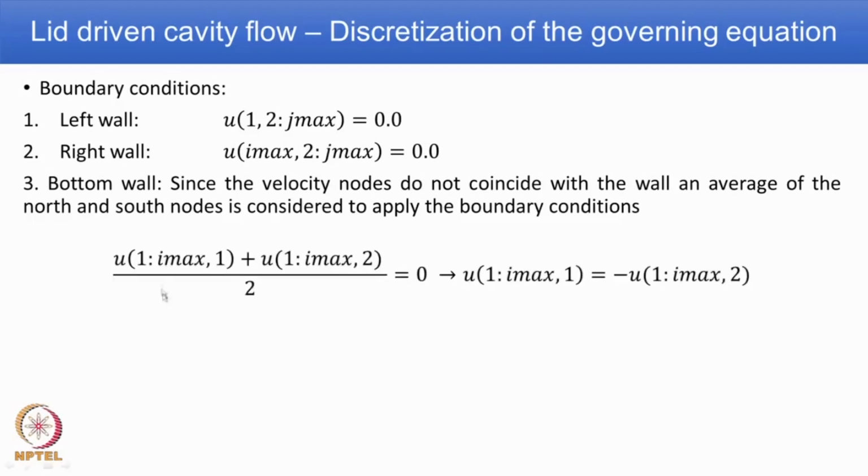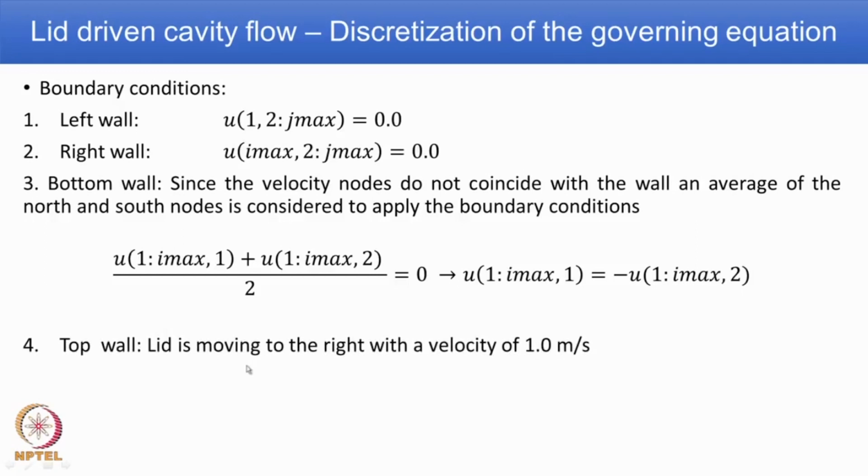Mathematically, u at 1 to I max comma 1 plus u at 1 to I max comma 2, divided by 2, is 0, which results in u 1 to I max comma 1 equal to minus u 1 to I max comma 2. This way you ensure the appropriate boundary condition is imposed on the bottom wall.